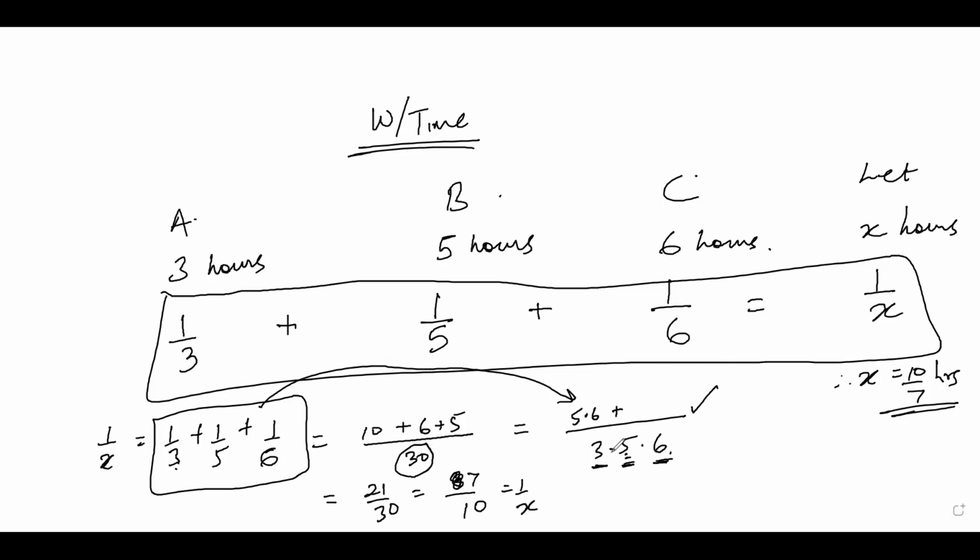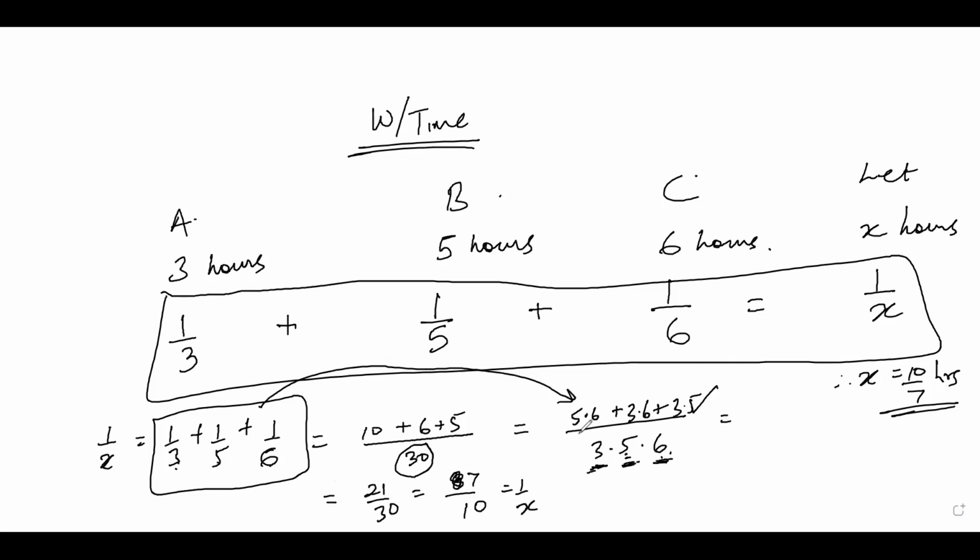This is to explain one of the expressions given in the worksheet. Then 5 will go 18 times, so 3 into 6 is 18. I'm writing 3 into 6. And then 6 will go 15 times, so I'll write it down as 3 into 5.